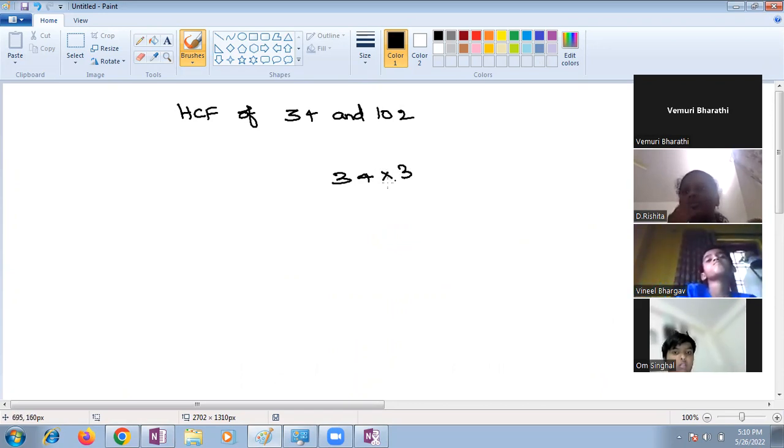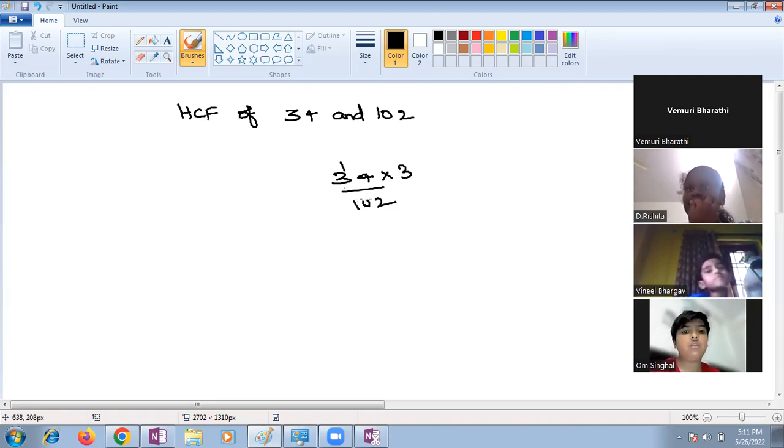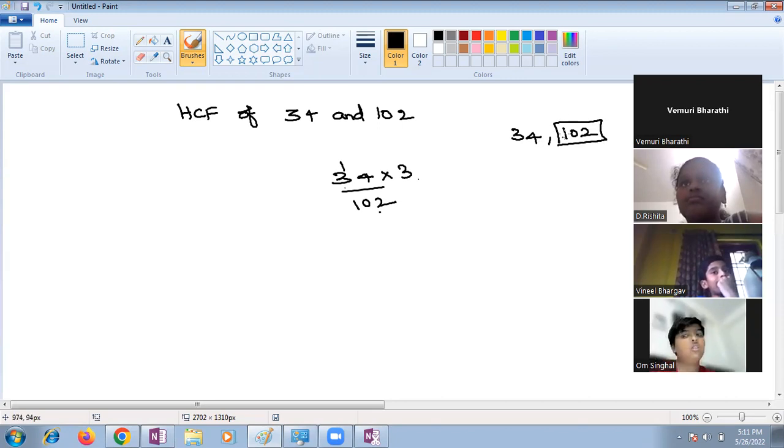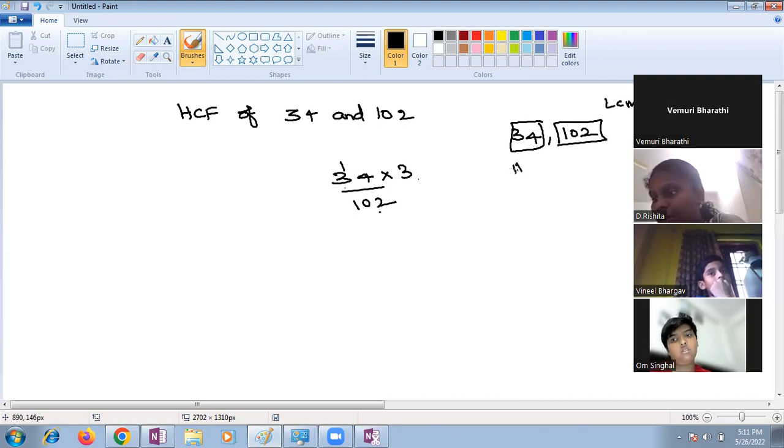Ma'am, if we multiply or divide with 2, the answer is coming different. By looking only you can say, because 34 times 3 is 102. Of 34 and 102, the greater number is the LCM, the lesser number is the HCF.